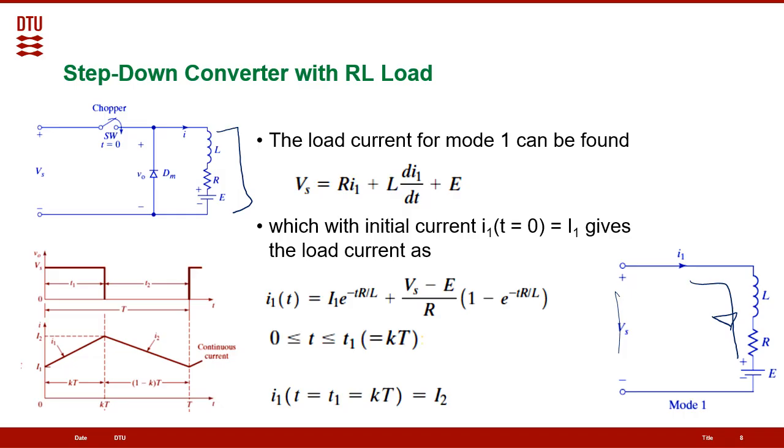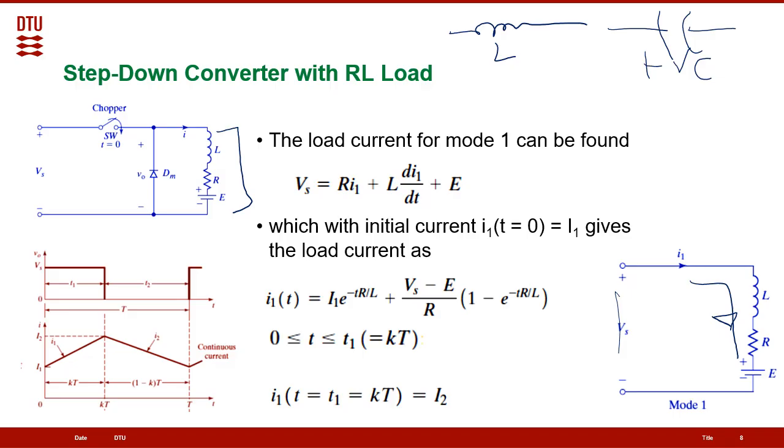Because we have to remember that we have two golden rules. The current through the inductor cannot change in 0 time. And we have another rule regarding the capacitor. The voltage across the capacitor cannot change in 0 time.